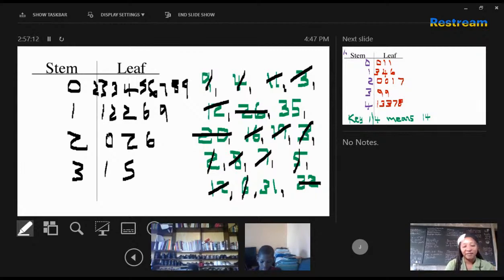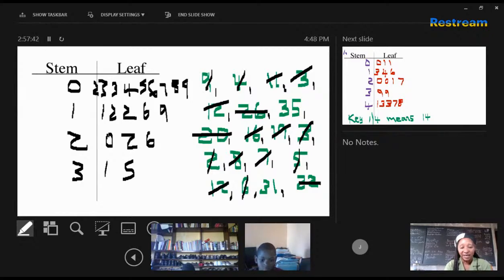So the first set of activity we're going to do, we're going to look at some stem and leaf plots that have been done already, and we're going to use the information for each of them to find 4 things.